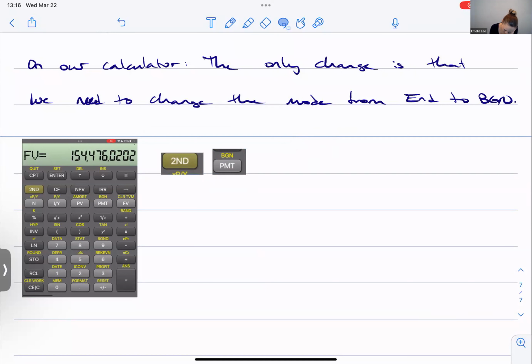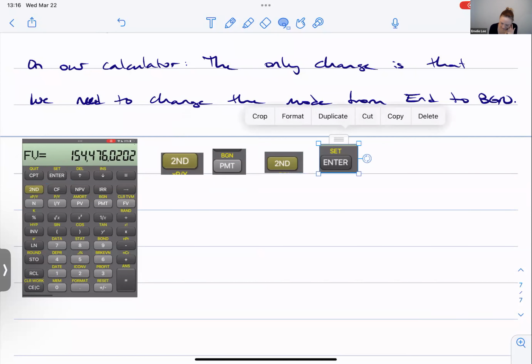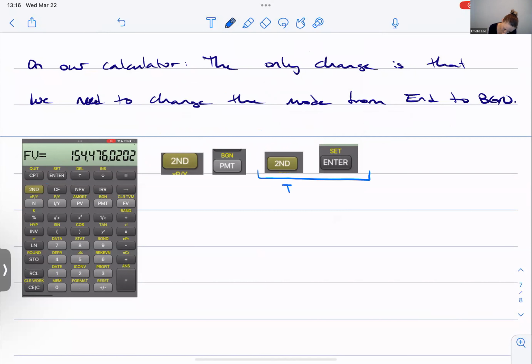And then second, set, to change it, to switch between modes.